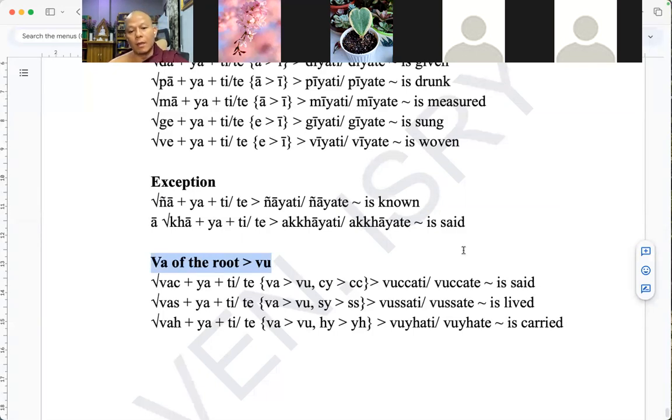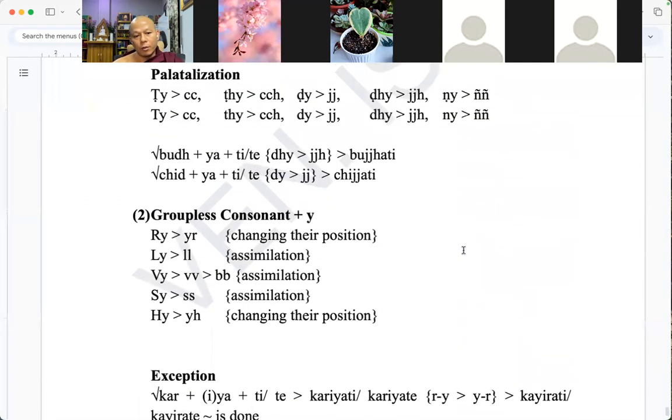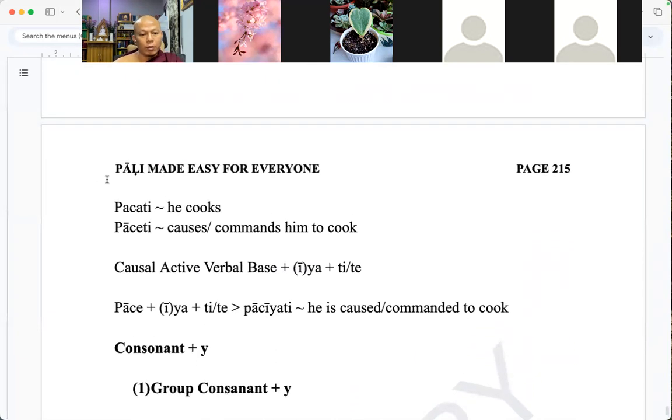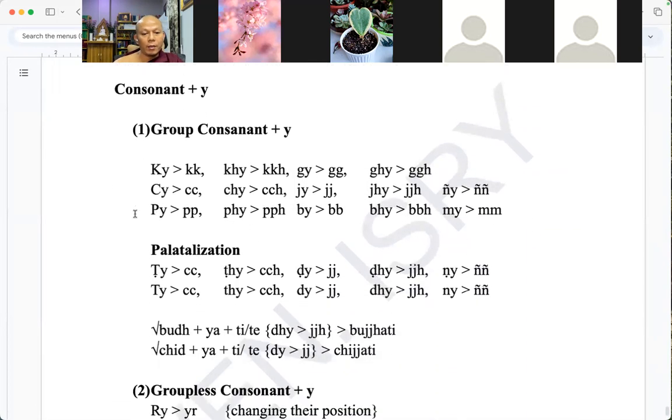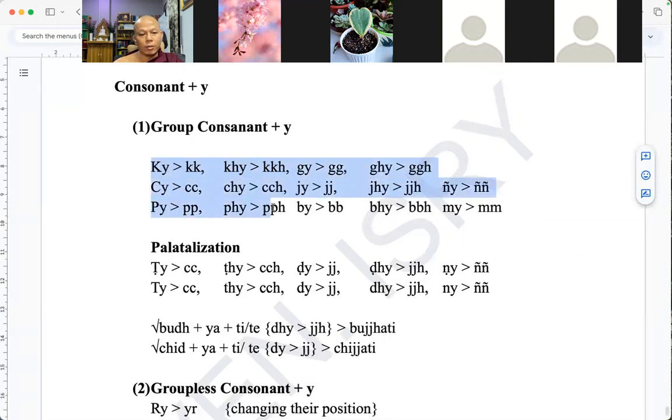Okay, these are the ways of changing in the passive form of the same root. So when the ya suffix is added to a root with a vowel base, it is very simple; we don't need to change anything, just e is inserted. But when ya is added to the root, such consonant changes happen: kaya to kakka, and so on.